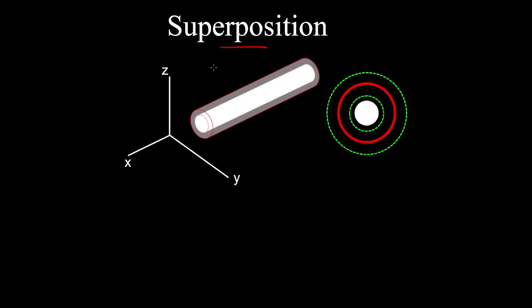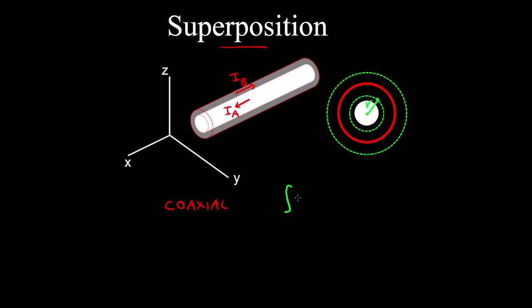So for example, consider this coaxial cable, which has a solid cylinder carrying a current, IA, directed along the x-axis, and this solid cylinder is surrounded by a thin cylindrical shell carrying current in the opposite direction. And suppose we want to find the magnetic field at some point between the solid cylinder and the thin shell, which is at a distance r from the center of the coaxial cable.